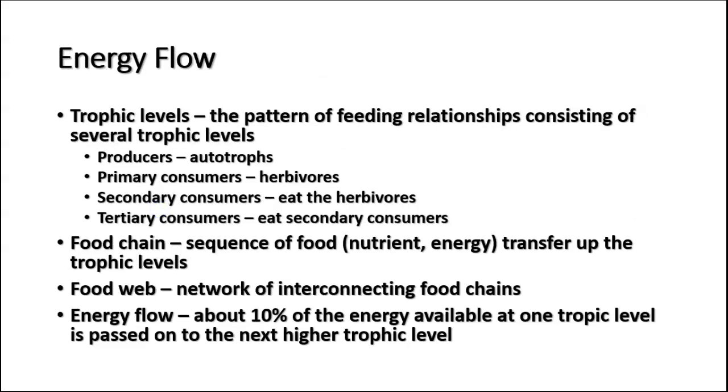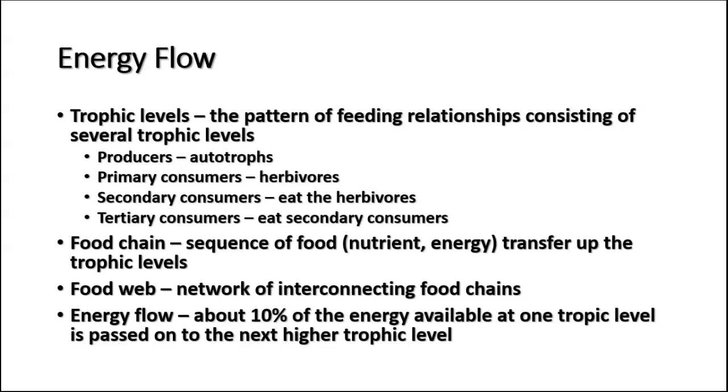Trophic levels. Remember the trophic levels, that's the feeding relationships. The trophic levels are the producers, which are autotrophs, the primary consumers, which are herbivores, things that eat the autotrophs, secondary consumers eat the herbivores, and tertiary consumers eat the secondary consumers. Remember also that most animals don't eat only one thing.